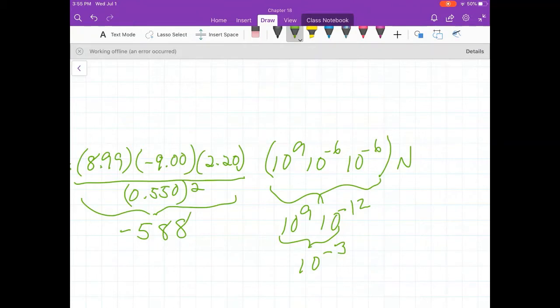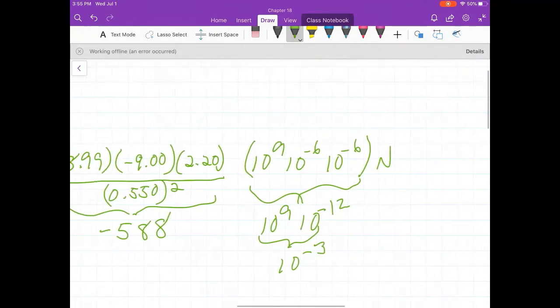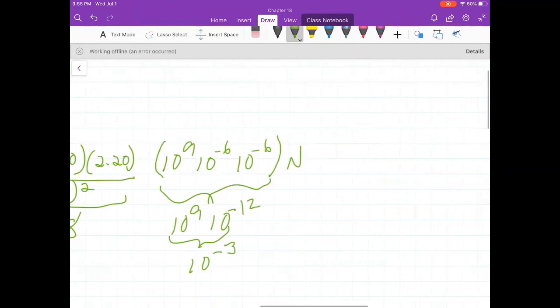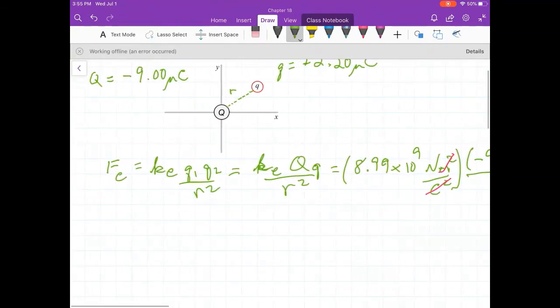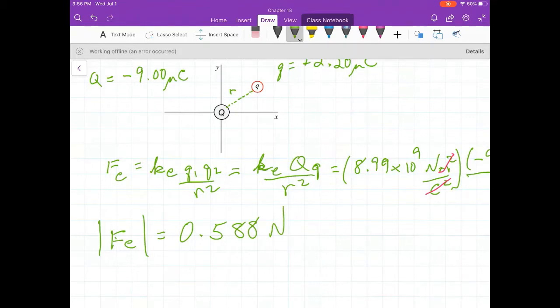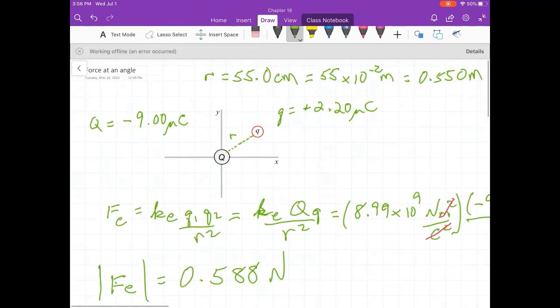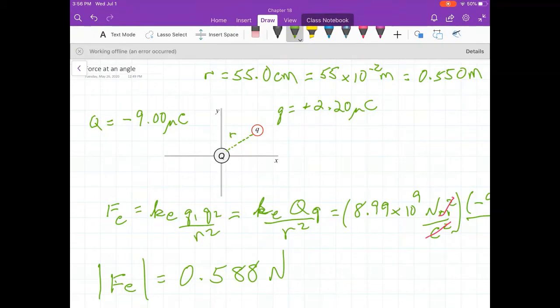So the number we get is minus 588 times 10 to the minus 3, which is minus 0.588 newton. Now we want the magnitude. Let's put these vertical bars. The magnitude is going to be the positive number 0.588 newton. Now these charges, we have a negative and a positive, so we know this is going to be an attractive force.